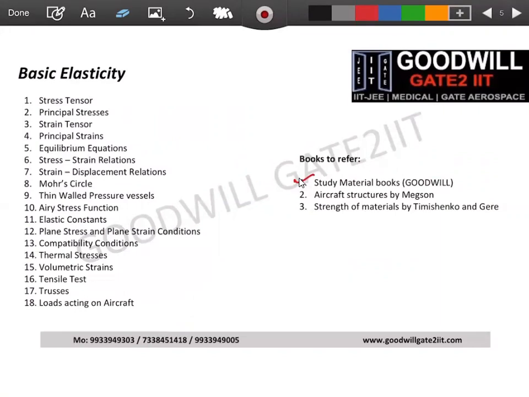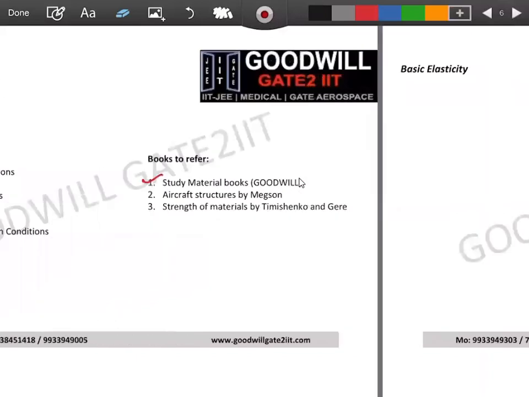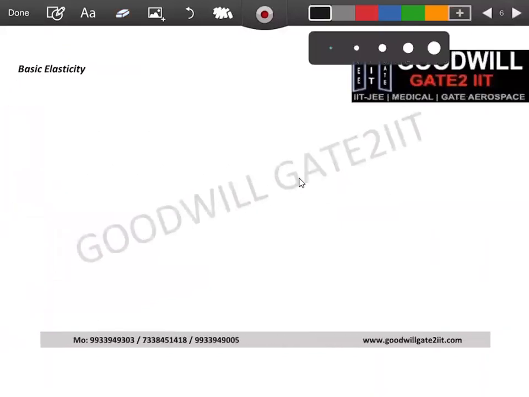Now, today's lecture, our major concern or topic will be to understand what do you mean by principal stresses. All right. This is the major portion or the major topic of basic elasticity. The rest, all things are useful or helpful to calculate these quantities. And these principal stresses will be used in theory of failures to design any system. All right.